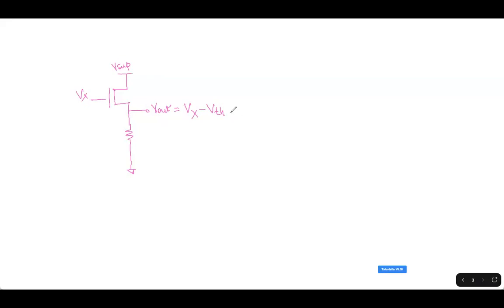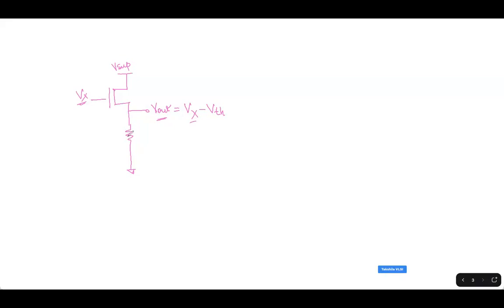If Vx has a noise, that's going to come straight away at Vout. It's going to appear directly. Can we do something about it? Not much. If Vx has noise, Vout has noise. Let's say Vx does not have any noise.